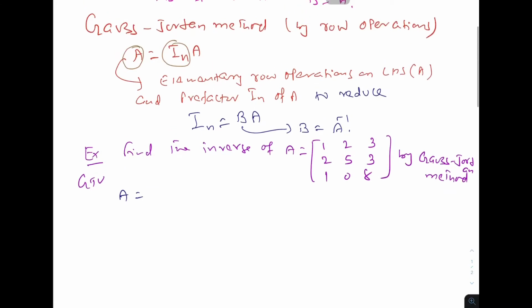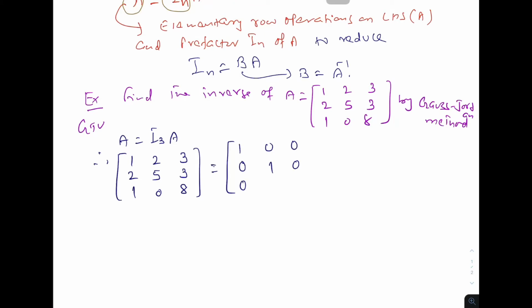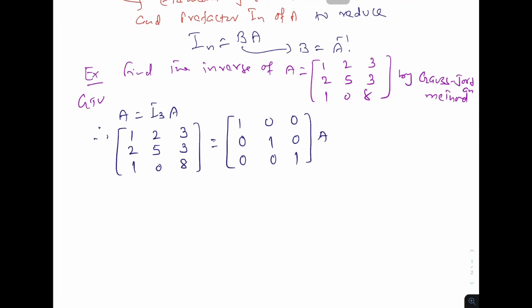That A, we write A equal to IA. So here we write this is 1, 2, 3, 2, 5, 3, 1, 0, 8 equal to identity matrix 1, 0, 0, 0, 1, 0, 0, 0, 1 and A. Now we apply the elementary transformation so that the left side becomes the identity matrix and prefactor of A, that is identity matrix, becomes some other matrix which is inverse.